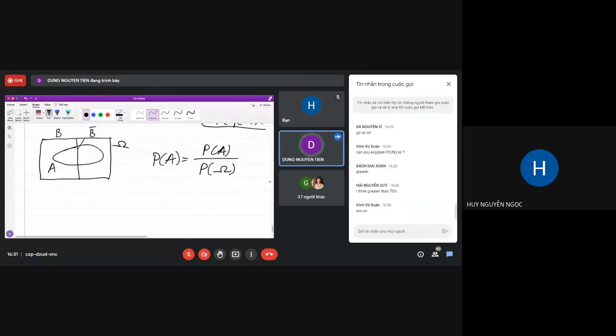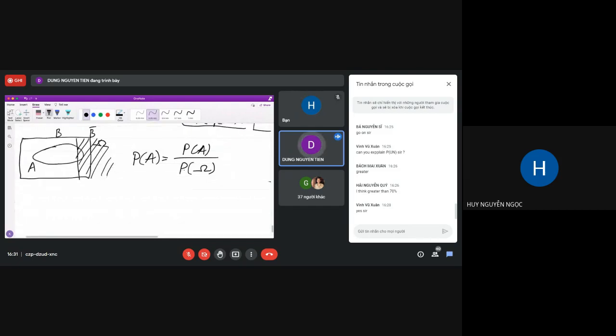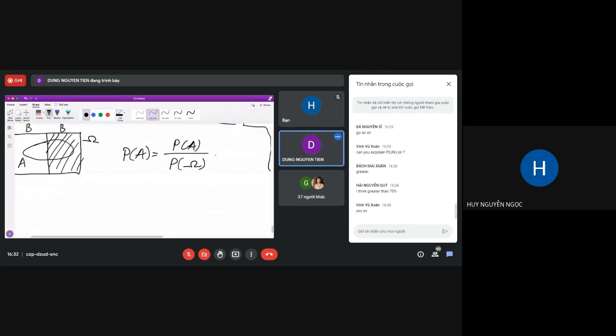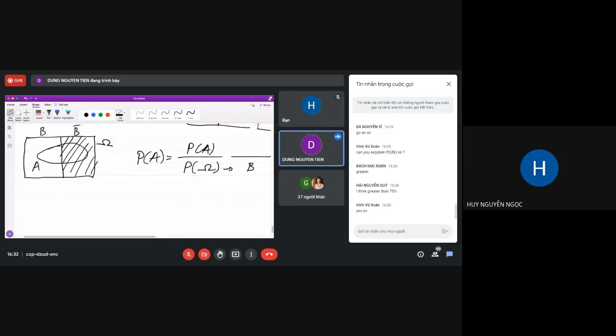You can cross that part out, and then omega becomes B. The sample space becomes B, because B contains all the possible outcomes.